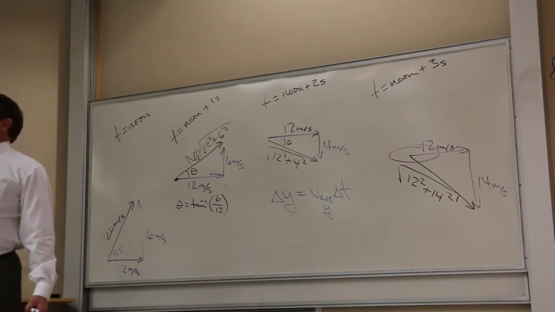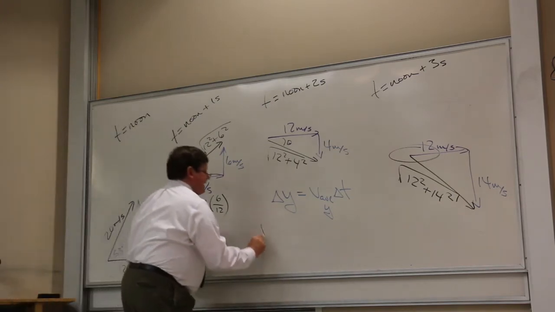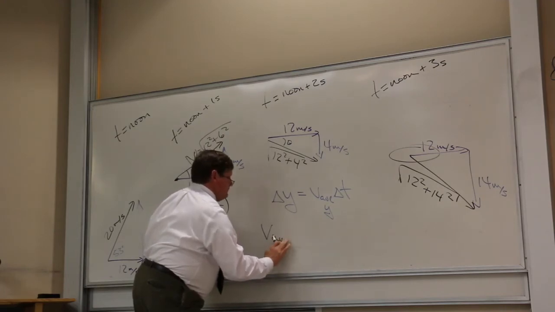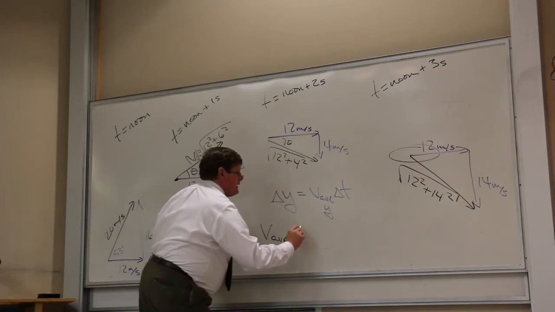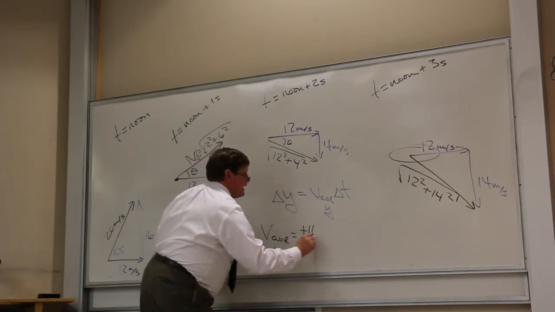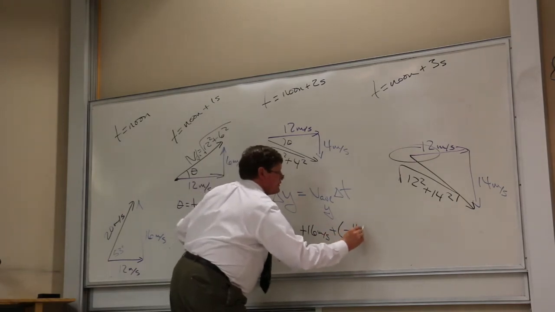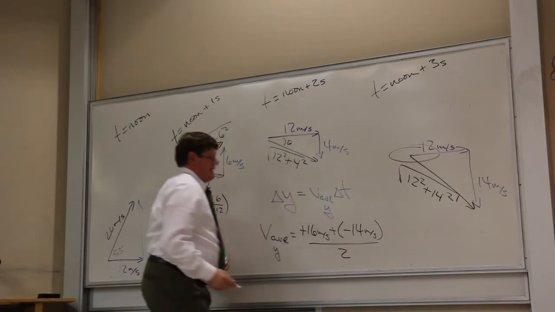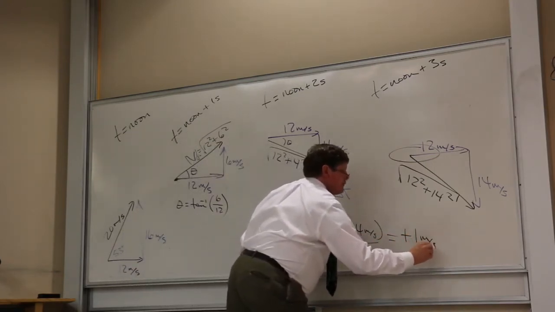And the answer is 1. How did I get that? Well, that V average in the y direction is going to be the plus 16 plus the minus 14 over 2. And that's going to give me plus 1 meter per second.